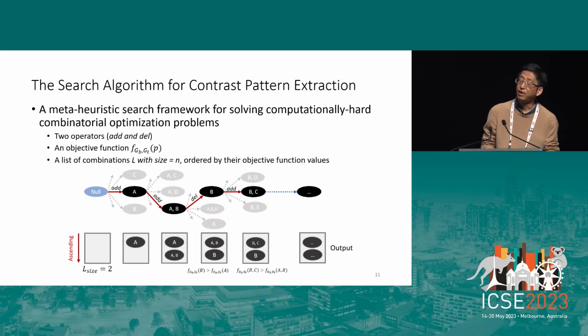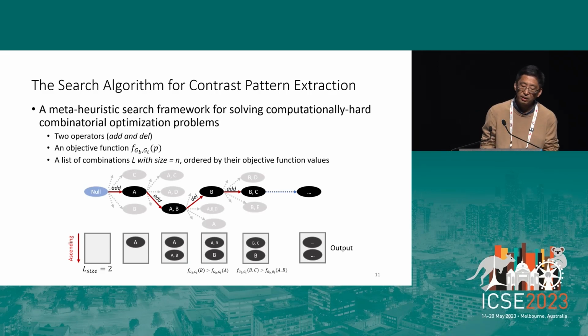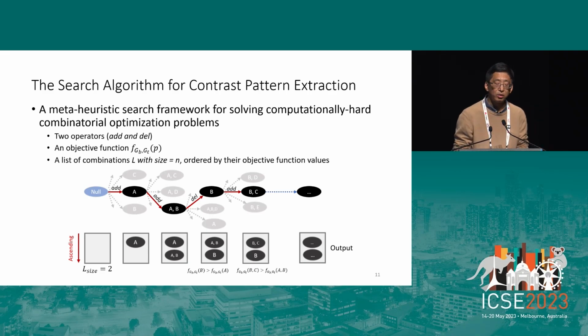And we also define a certain objective function. And for different problems, this objective function could be different. And then we also define the expected returned number of patterns. Then we do search. So this is actually a simple meta-heuristic search framework.